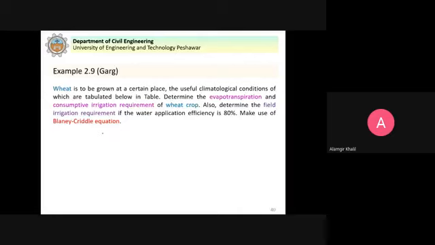We already know that according to the Blaney-Criddle equation, if we apply this equation here, Cu, that is the consumptive use or evapotranspiration, is equal to small k into summation of F. And this F is given by P by 40 into 1.8 T plus 32.